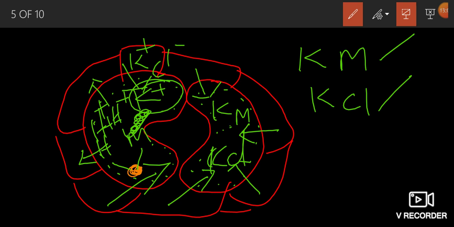After some time, more water is present in the guard cells, and they bulge and swell. Then the stomata automatically open. So in this process, water molecules enter the guard cells, which leads to the opening of the stomata.